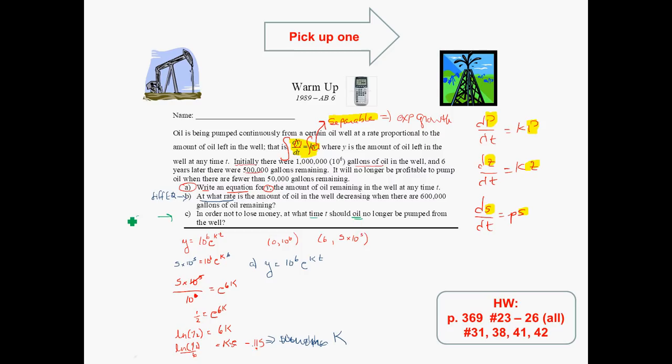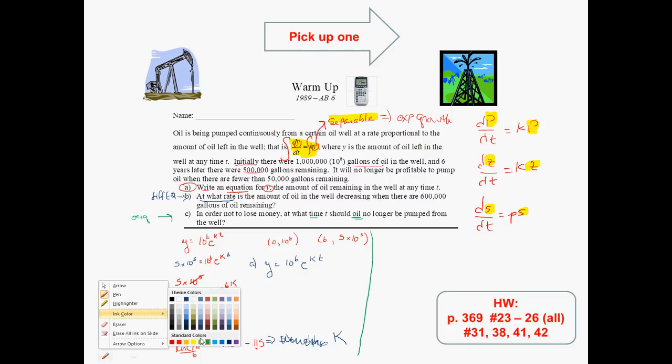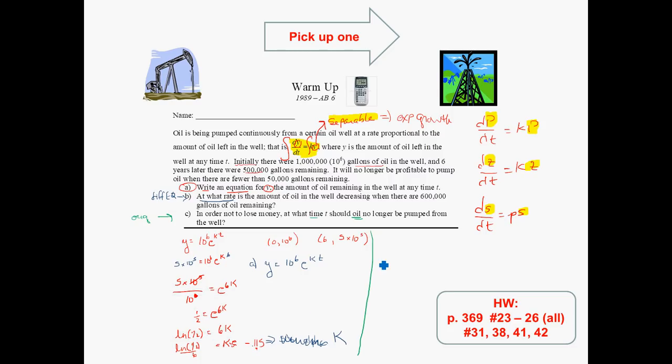This I have to use the original, or Y, the one I just got in part A. So let's do part B first. At what rate is the amount of oil decreasing?